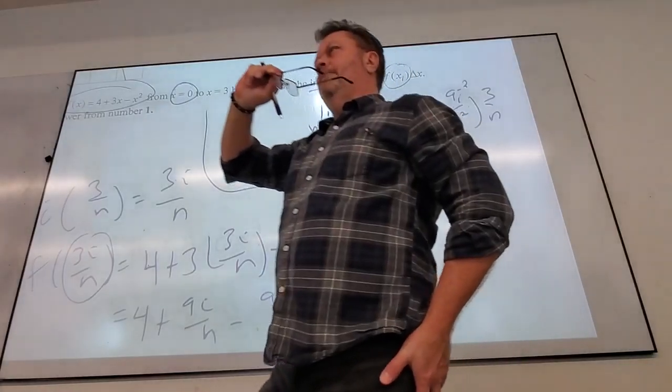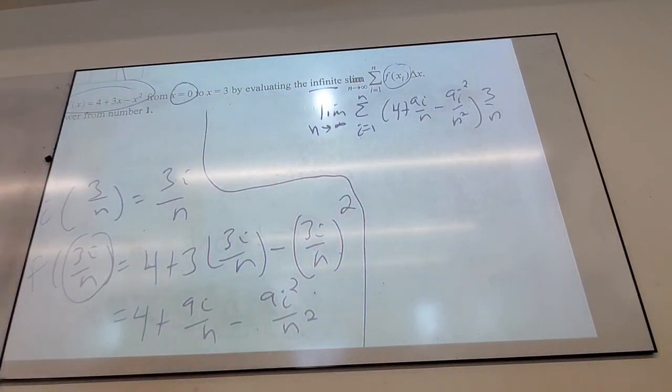Let me stop for a minute. This is a process where it's easy to lose touch with what it represents. That's why I keep reminding you, this represents the width, this represents the height, this represents the area when you multiply those together. How are we doing? Yes?